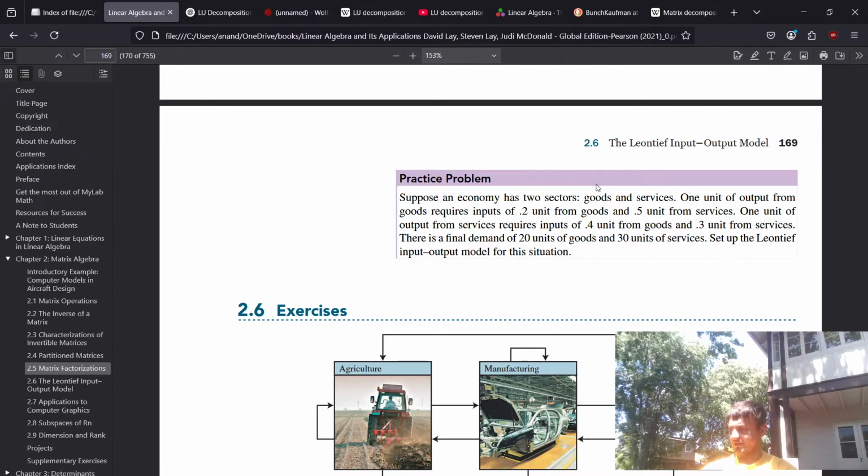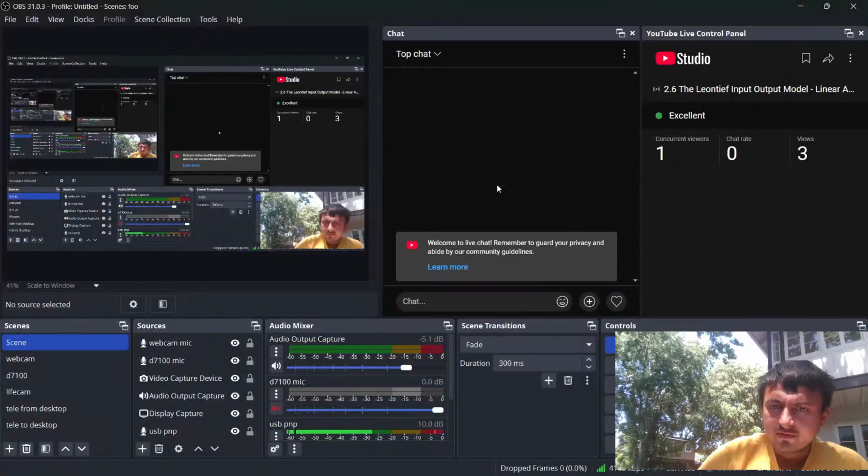Okay, so if we have I minus C times X equals D, we can shift over to this.